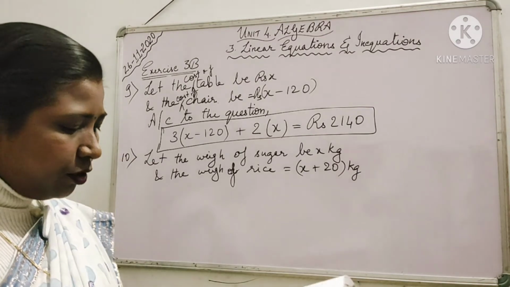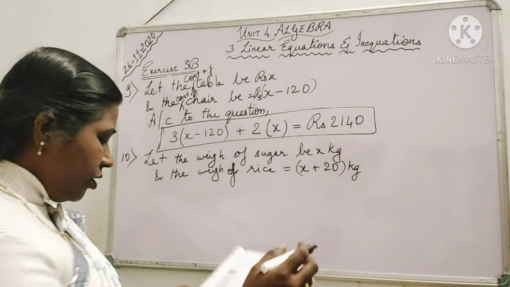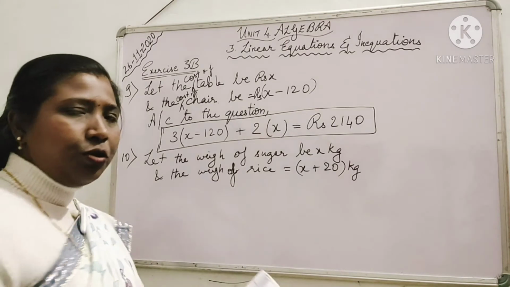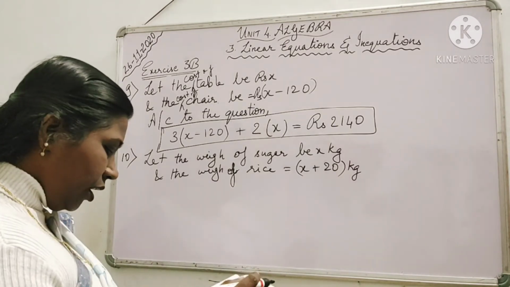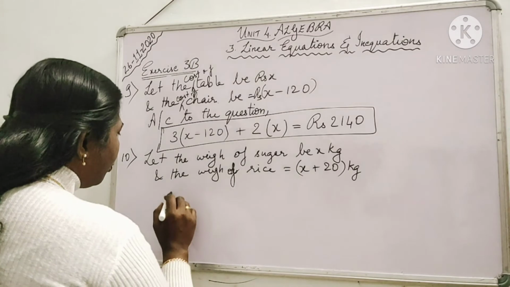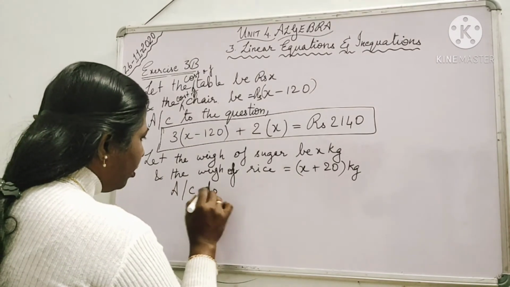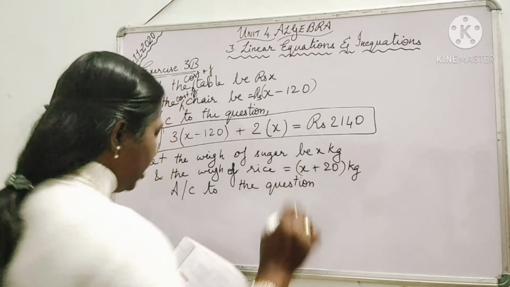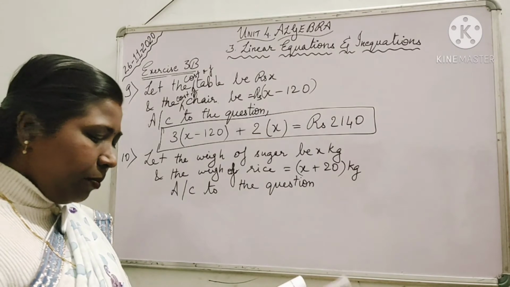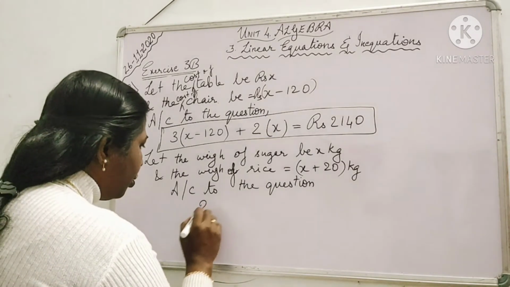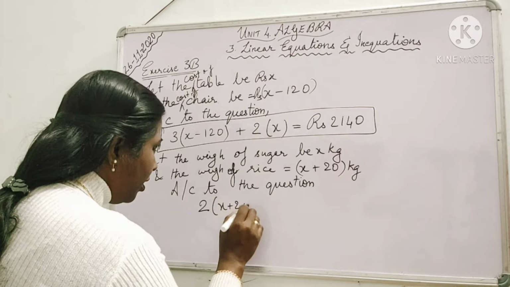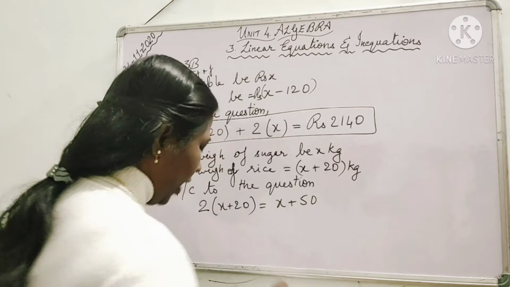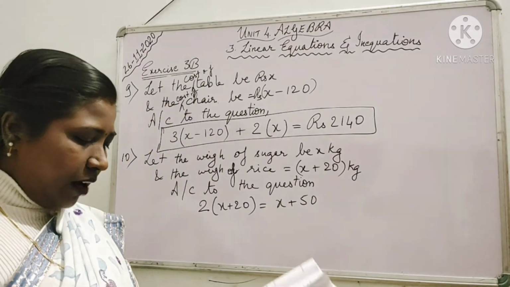The second bag is sugar, and the first bag was rice.